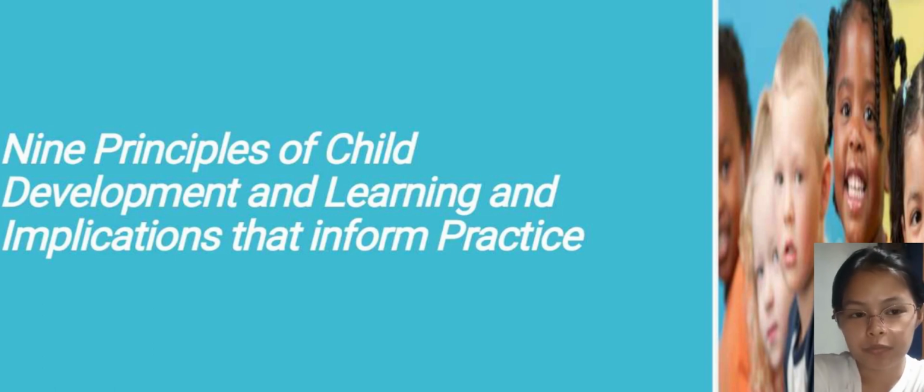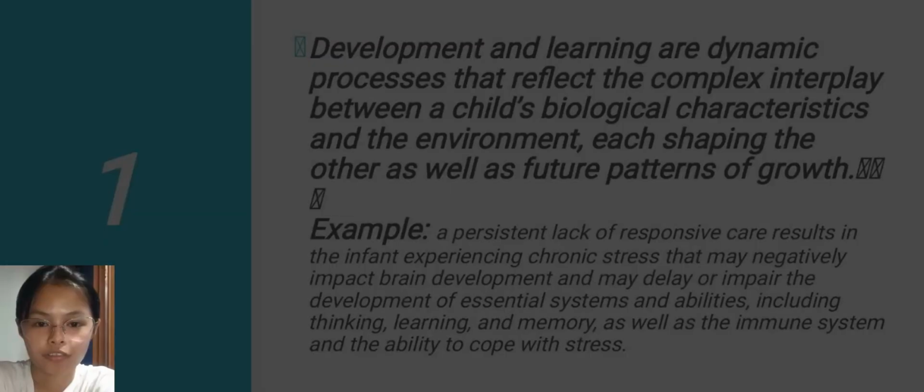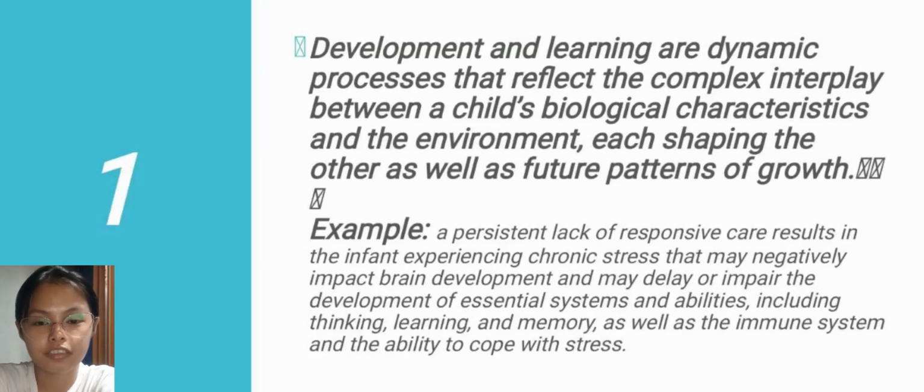Now, 9 principles of child development and learning and implications that inform practice. First, development and learning are dynamic processes that reflect the complex interplay between a child's biological characteristics and the environment, each shaping the other as well as future patterns of growth.